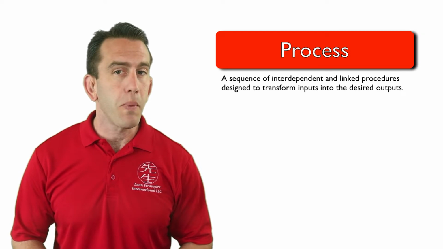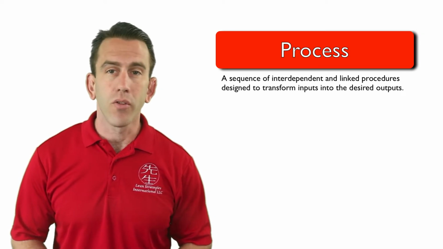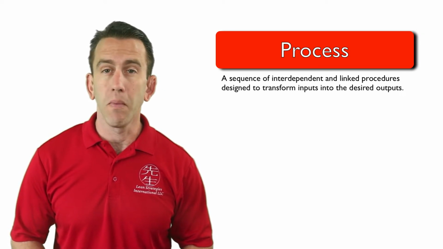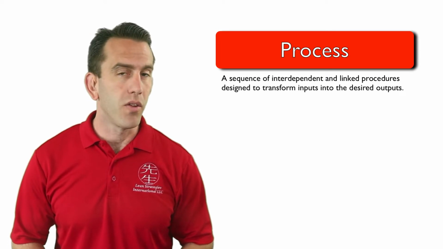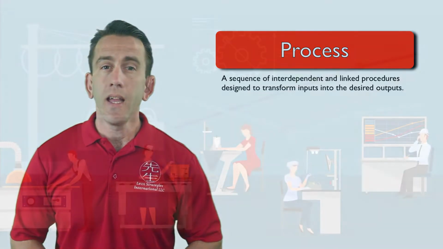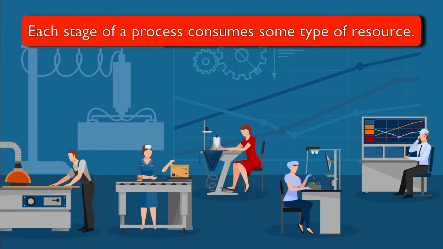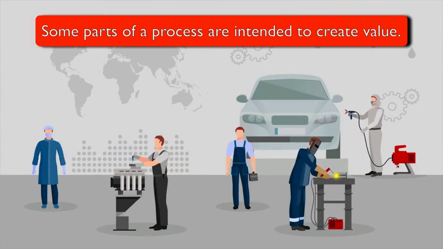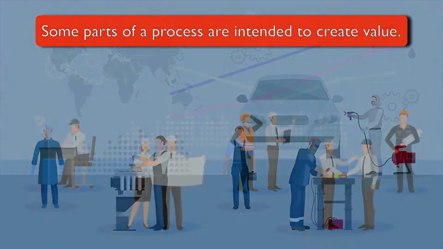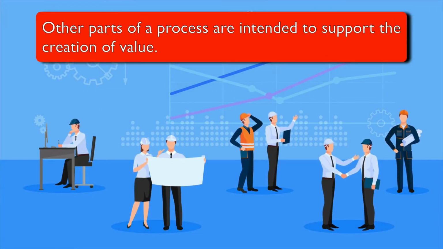A process is a sequence of interdependent and linked procedures designed to transform inputs into the desired outputs. Each stage of a process consumes some type of resource. Some parts of a process are intended to create value, while other parts of a process are intended to support the creation of value.